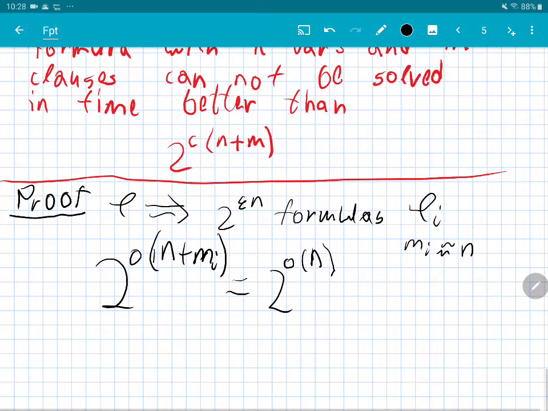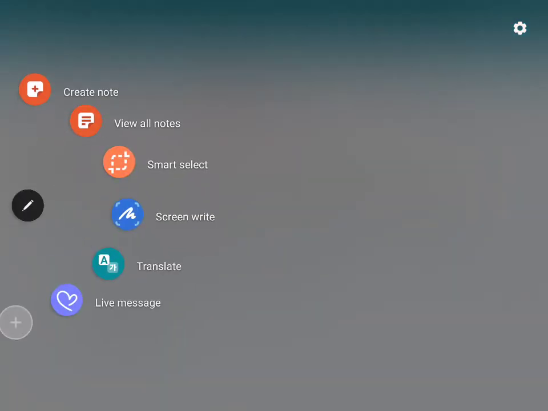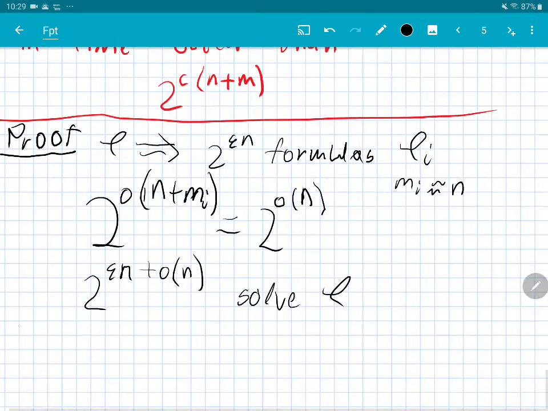And now what do we have? We have 2 to the epsilon n such formulas. We have to do it for each one of the formulas and take the OR. So you get a running time that solves the formula in 2 to the epsilon n plus small o of n, right? This is the running time to solve the original formula, but this contradicts each other.